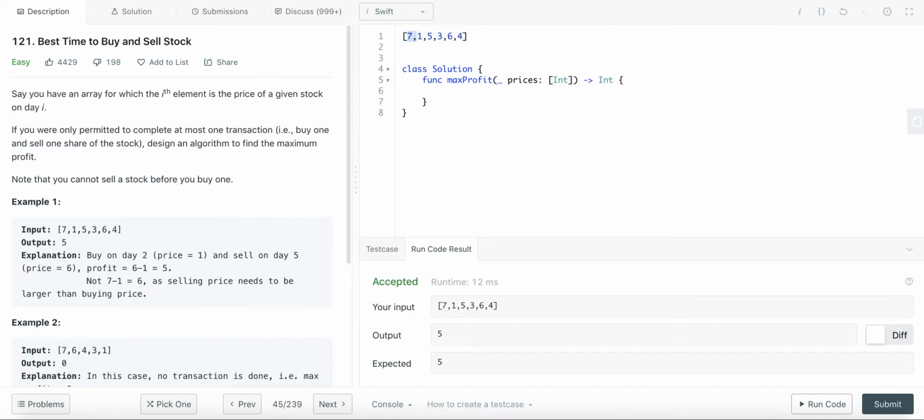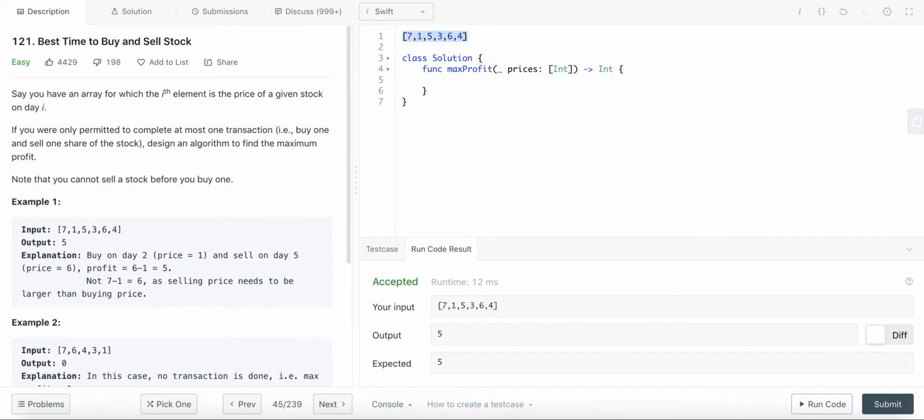And we will keep searching for the minimum price that we can buy at, because that will also ensure that the difference just keeps getting bigger, and the largest difference is what will give us the maximum profit. And the maximum profit is something that we want. Cool.